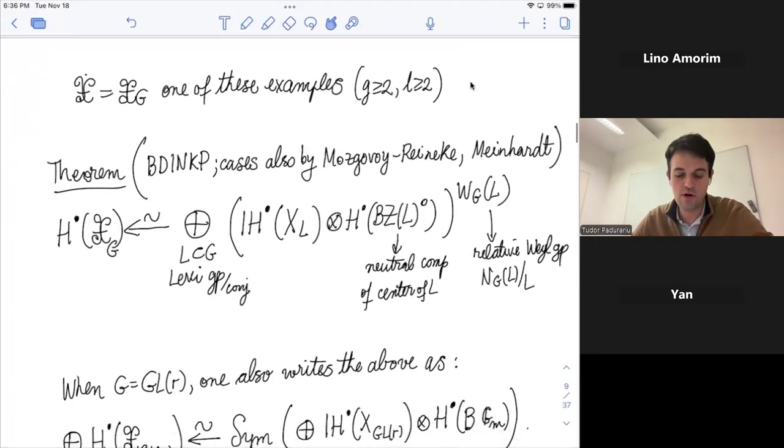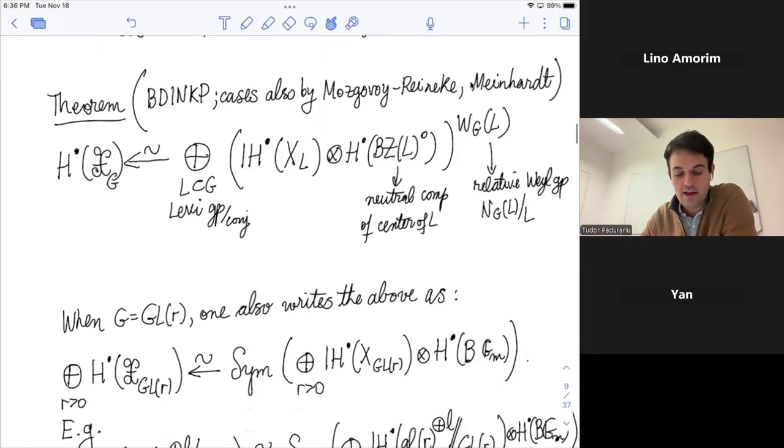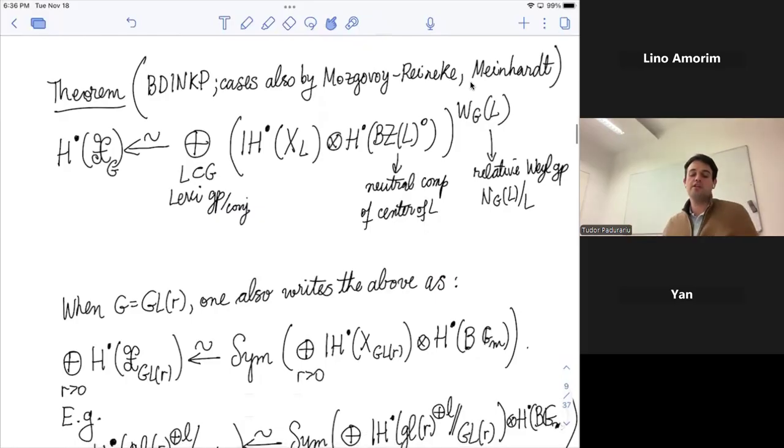Okay, so let me mention a first version of this theorem that decomposes the cohomology of such a stack in finite dimensional pieces. Previous cases when the group was type A were also treated by Mozgovoi-Reinecke and Meinhardt. So here the cohomology of the stack X_G decomposes in contributions coming from Levi groups.